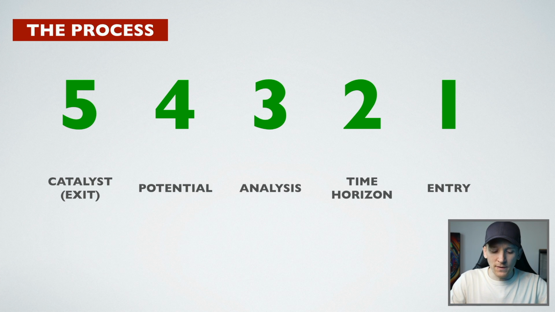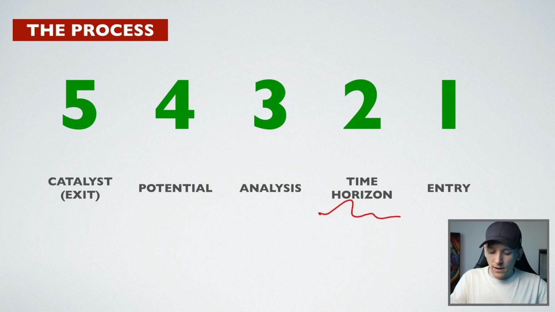Then we go through the potential of the trade in terms of what is the risk reward? What is the potential percent move that we're going to get? If we can work that out, then we can work out if it's worth our time and our capital in that. We do some analysis of the trade in terms of looking at actual fundamental analysis, price analysis, news, flows, and everything like that, because we need to know when these things potentially might happen.